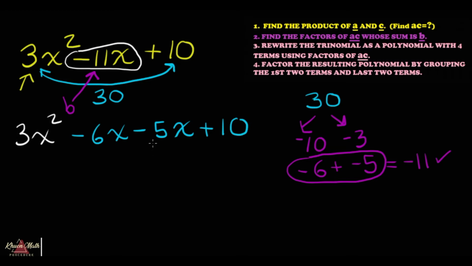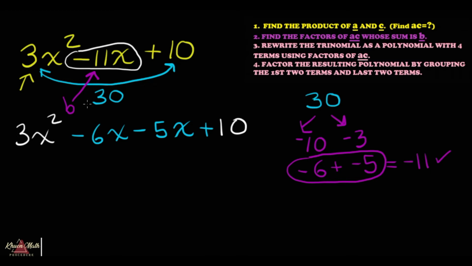So what we did is we took out negative 11x and replaced that term with negative 6x minus 5x. So we went from 3 terms to 4 terms, so we can use grouping to factor the polynomial of 4 terms.